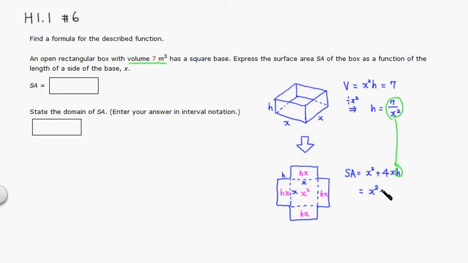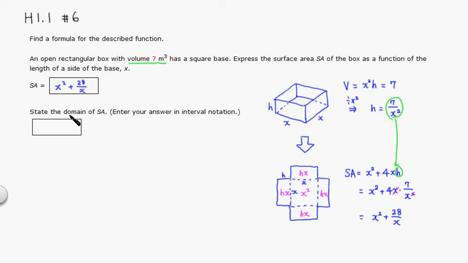It's going to be plus 4x times 7 over x squared. We can cancel out an x on top with one of the x's, so we end up getting x squared, and 4 times 7 is 28 over x. So we can just put that in here: x squared plus 28 over x.